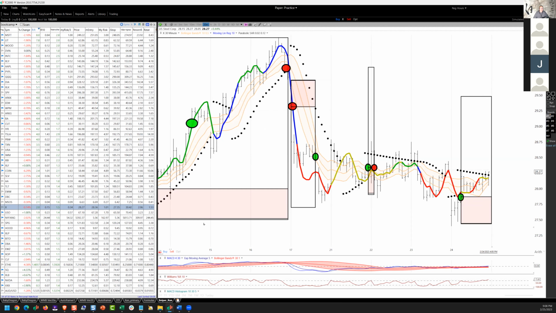Okay, so what I'm looking at on this one is I've sorted this by reward to risk ratio. And I noticed that Microsoft is 8 to 1, and U.S. Steel is down here at 2 to 1. So I actually took the entry on the 30-minute for U.S. Steel on Friday.